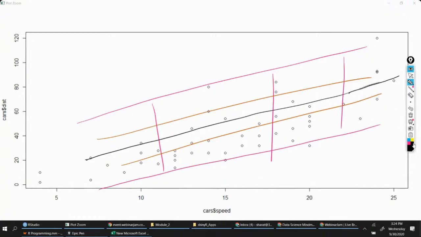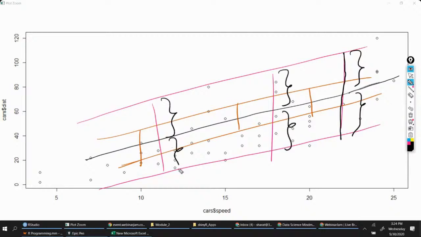You can clearly see this is the spread of the data between the orange lines, whereas between the pink lines the spread is so high. So this is the error that we will get with respect to the black line if your data is spreading wide. But if you try to reduce the spread in the data, then obviously the error will be reduced.